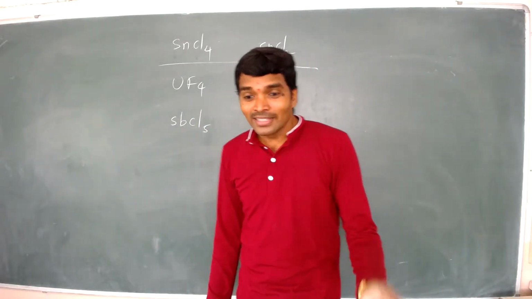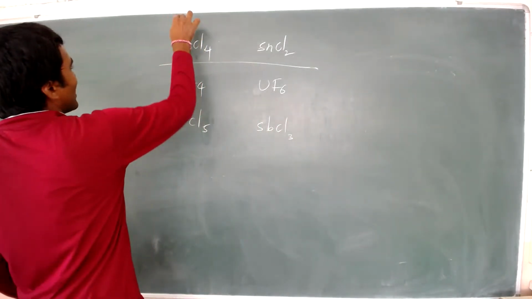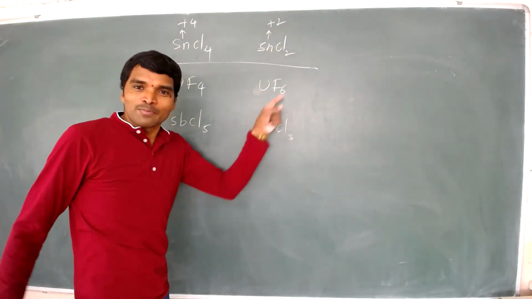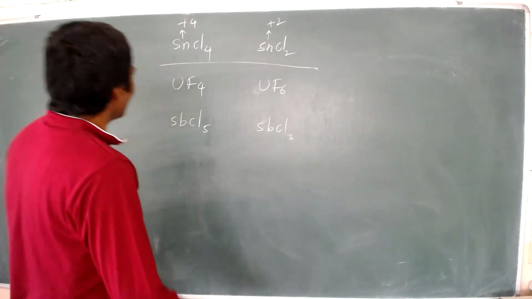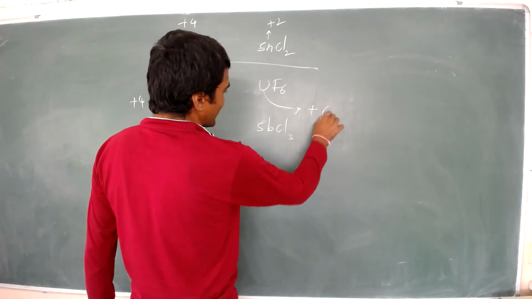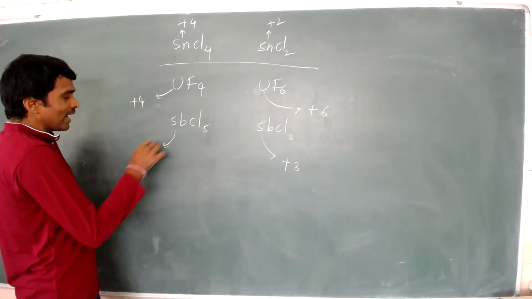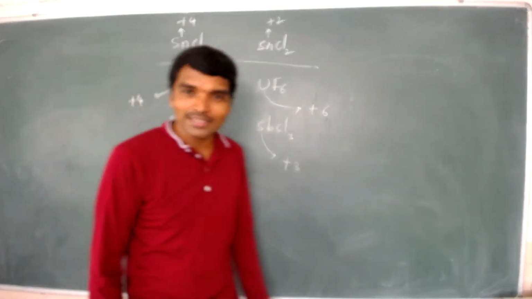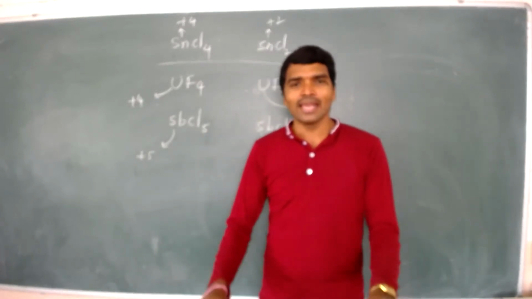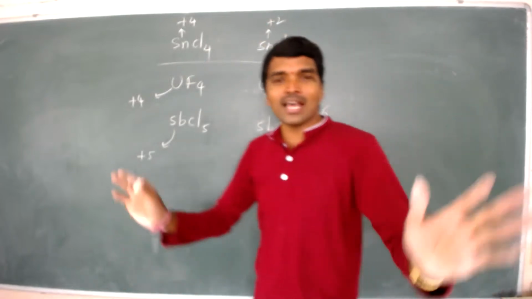How? Tell me. We can say on the basis of oxidation state. Here tin oxidation state +4, and tin oxidation state +2. Here uranium oxidation state +4, uranium oxidation state +6. Antimony oxidation state +3, and here antimony oxidation state +5. I'll tell you a simple technique to remember, by which we can identify which is covalent and which is ionic.